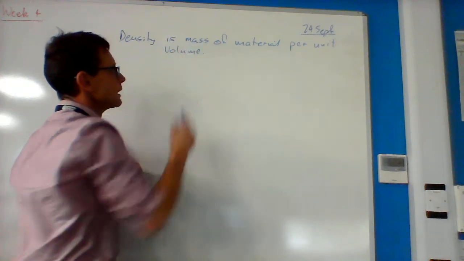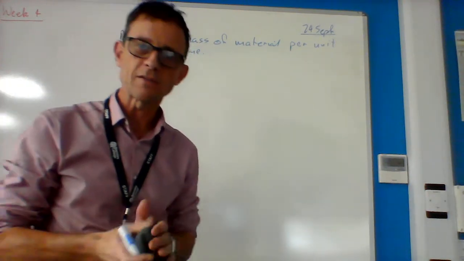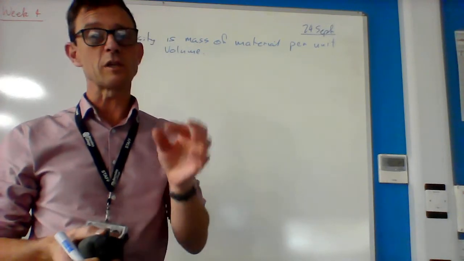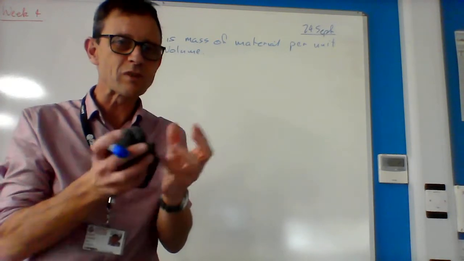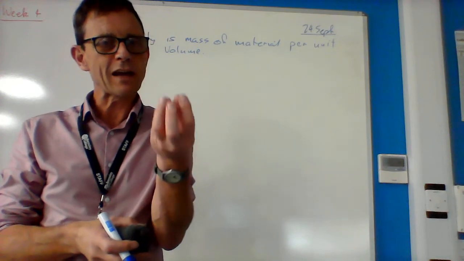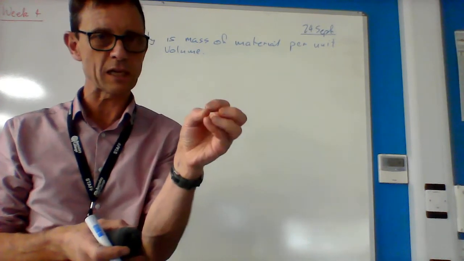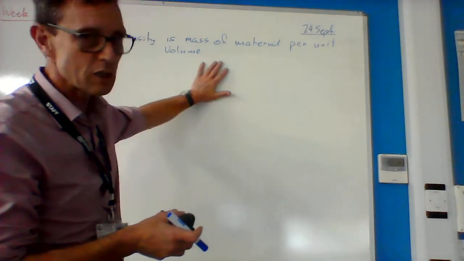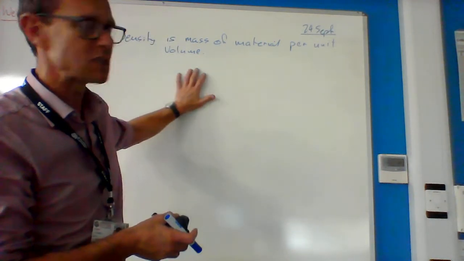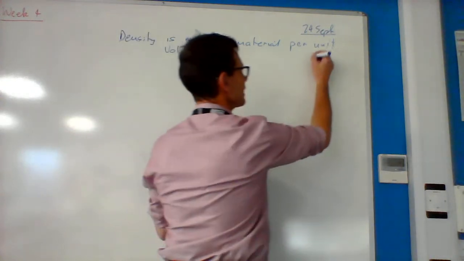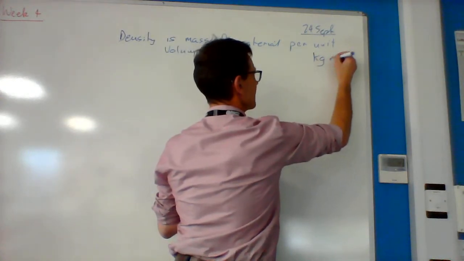Okay, and that's the correct way of saying it. It could be a meter cubed, it could be a cubic centimeter, it doesn't really matter too much, but it's the idea of how concentrated the mass is, how much mass you've got within a certain space. So definition wise for us, it'd be kilograms and it'd be meters cubed. So I'll put that over here just to remind you.